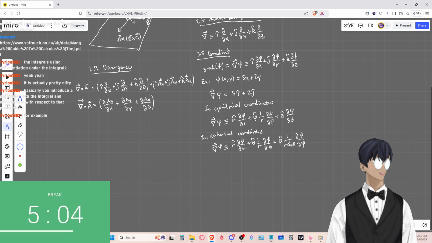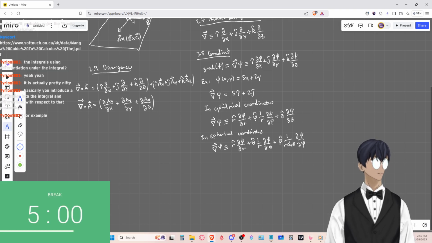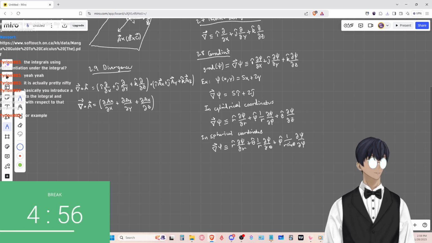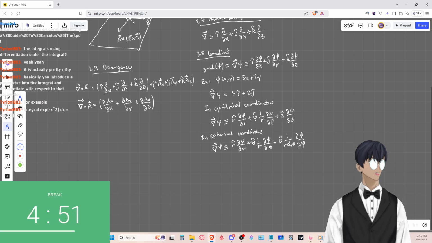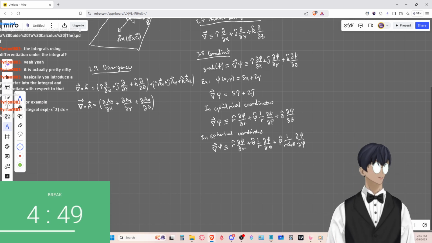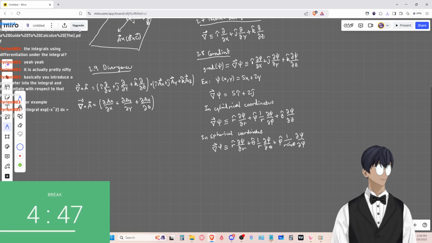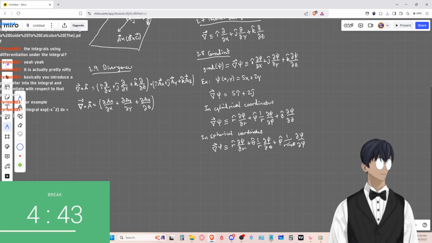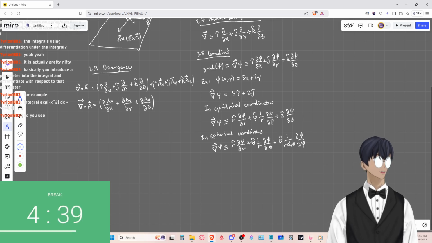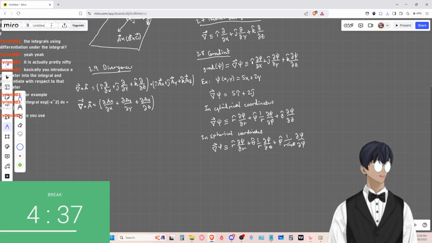It's pretty nifty. Basically, you introduce a parameter into the integral and differentiate with respect to that parameter. So like t, right? You introduce a new independent variable.